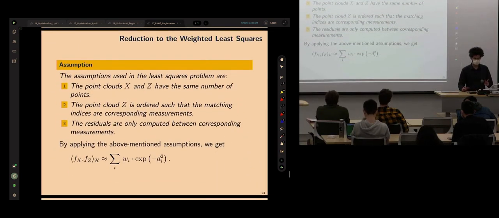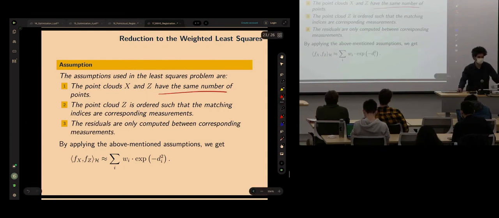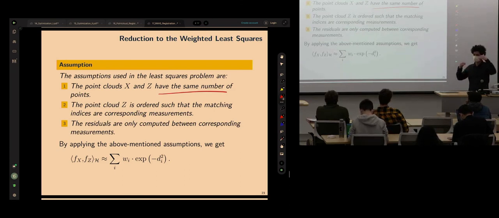We're going to make three assumptions that will reduce it to least squares. First, they have the same number of points, which of course is the case in the least squares problem. Second, they are ordered in such a way that they are associated. In the original problem, we don't need that; we don't care about the order of the points.